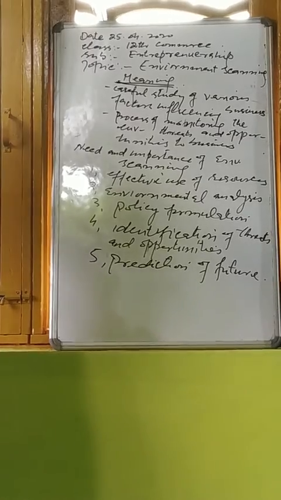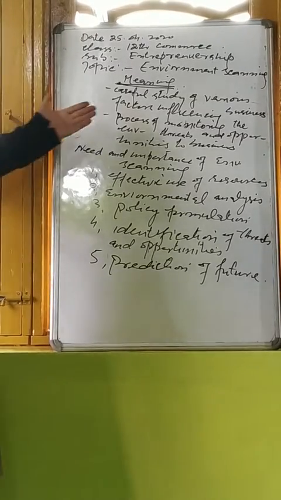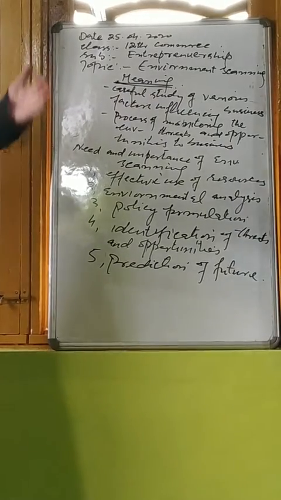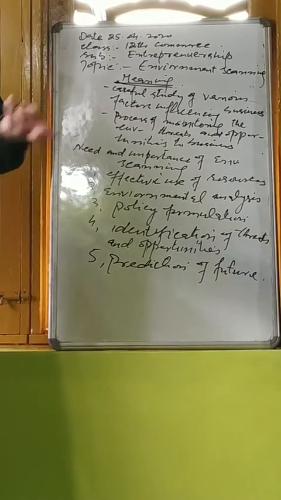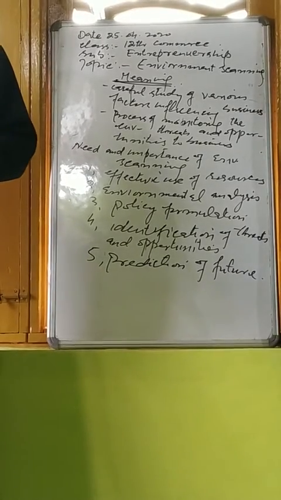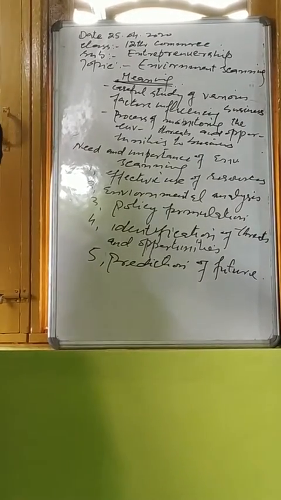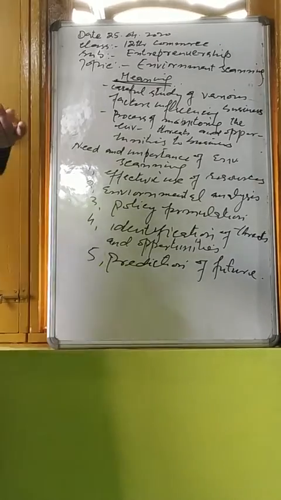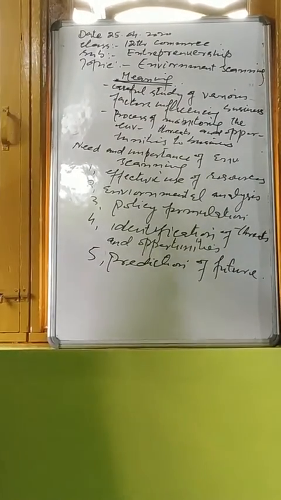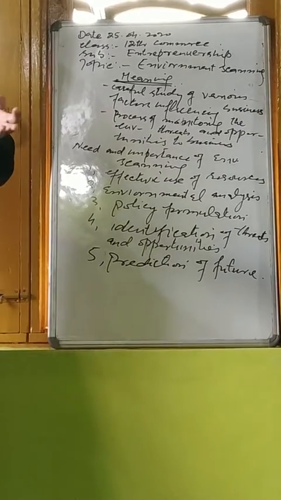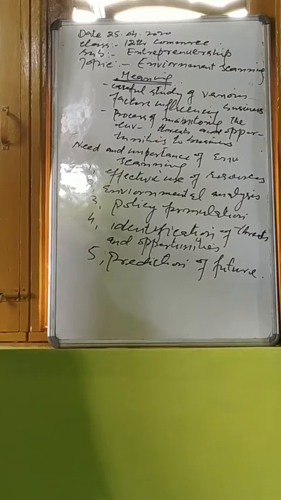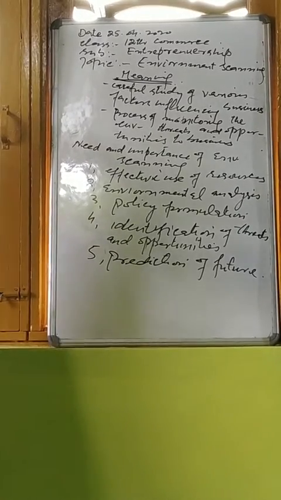So there are so many factors which influence the enterprise. For example, an enterprise needs raw materials, human resources, financial resources, and auxiliaries like transport, banking, warehousing, road facility, water facility, electricity facility.